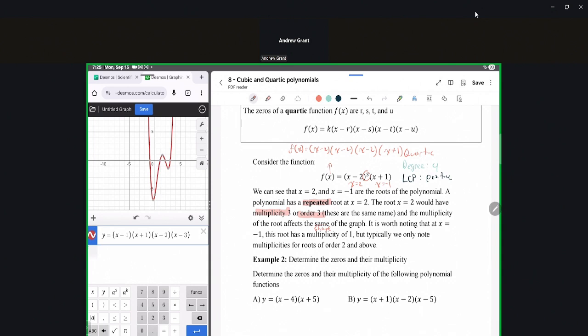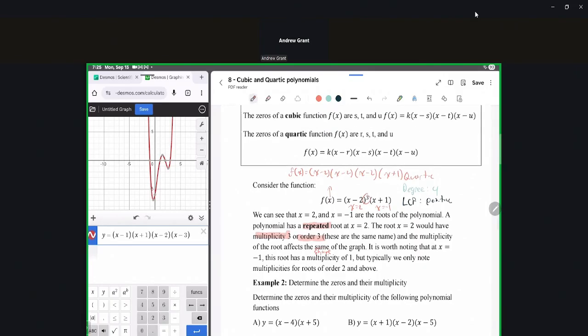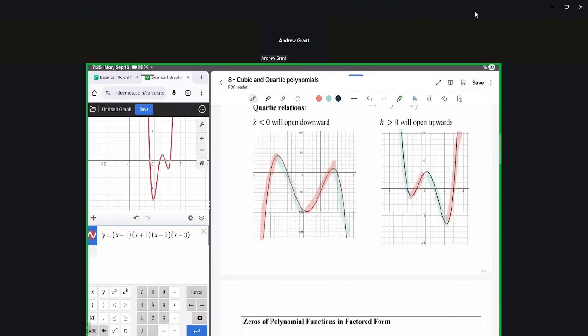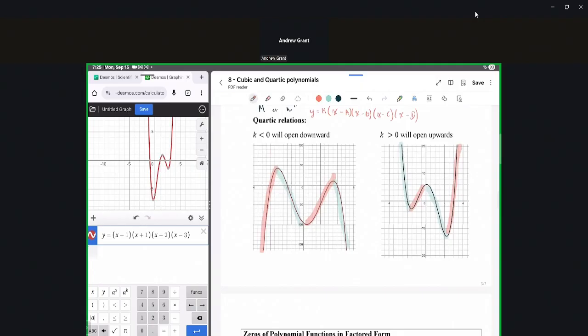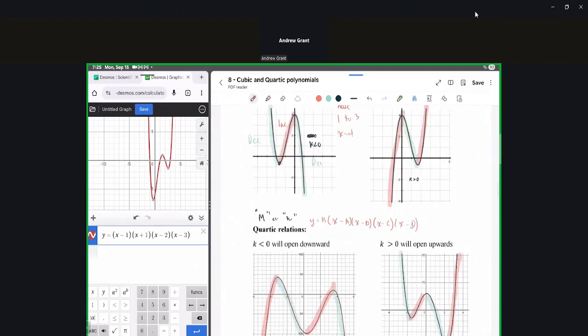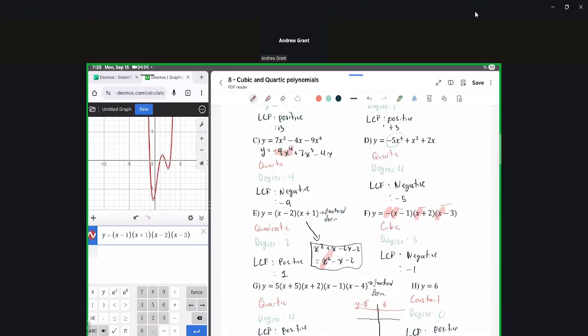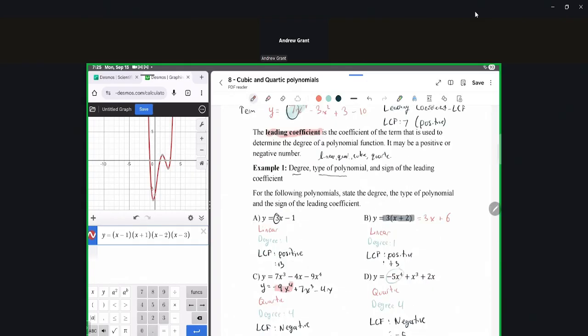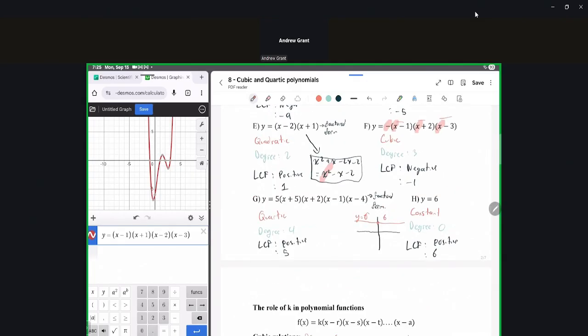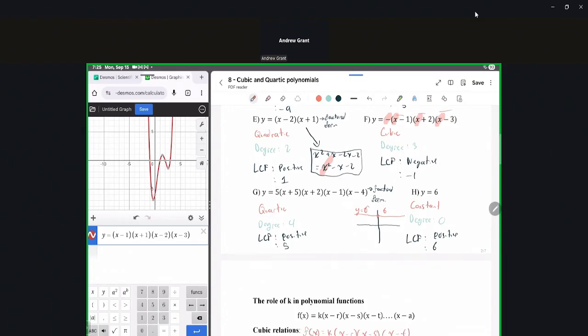We only typically talk about multiplicities for roots of order 2 and above. So for example, in the ones we looked at earlier in example 1, for questions E, F, and G, all of these x-intercepts would be multiplicity 1 because there's no power of 2 or power of 3.